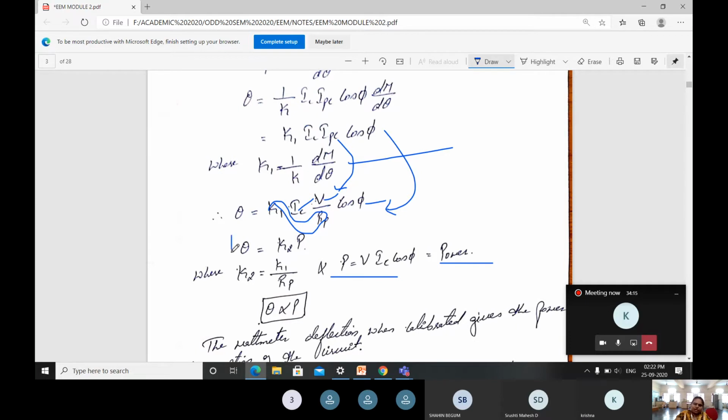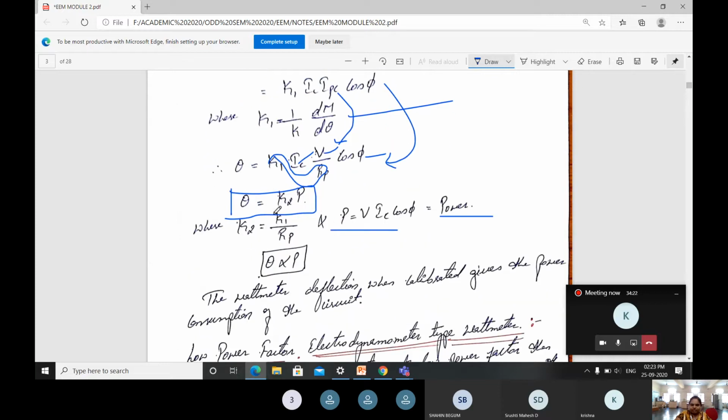For that reason, I can write theta equals K2 P. From this equation, I can tell that however much the deflection is in a wattmeter, that much is the power. That's why we can conclude that theta is directly proportional to the power P.